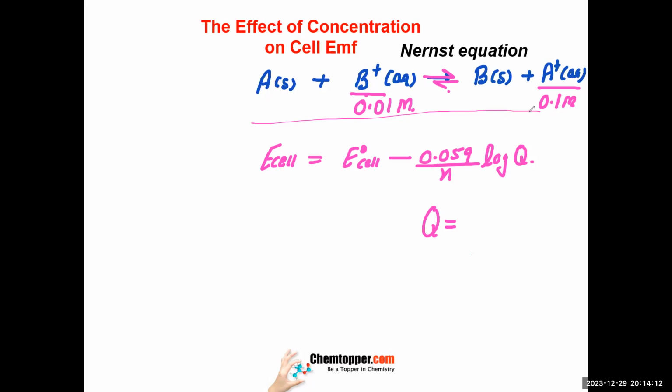If you try it, then you can retain it. If you are just watching what I'm writing, that's not learning. Q is concentration of A plus, not including solids as we have learned in chemical equilibrium, divided by concentration of B plus.